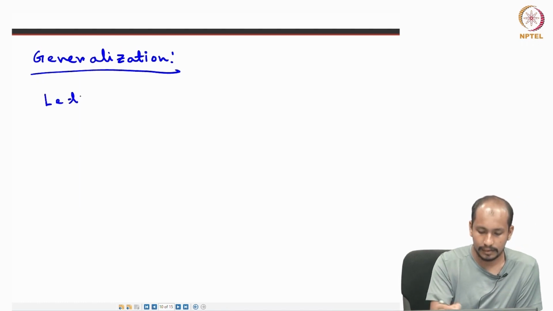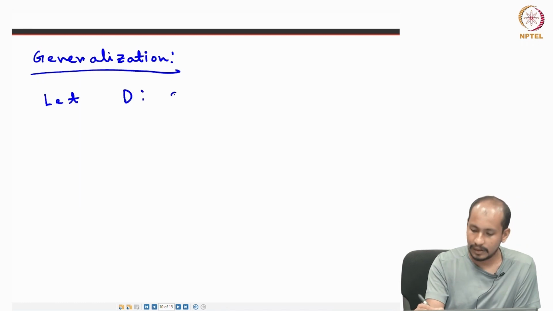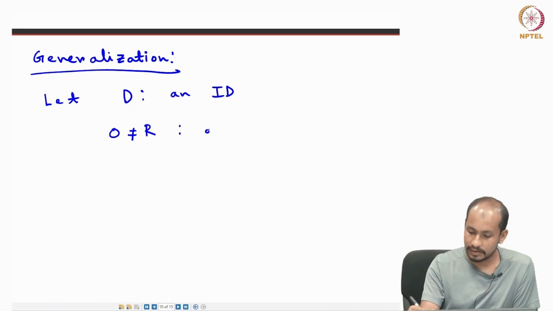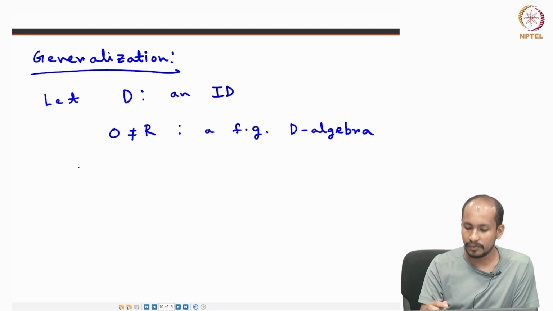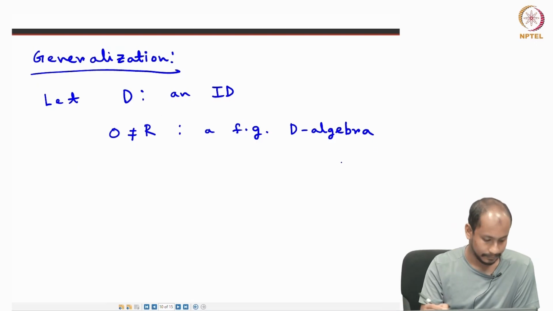Let D be an integral domain and R not equal to 0 is a finitely generated D algebra. Here instead of a field we are taking an integral domain. Okay.